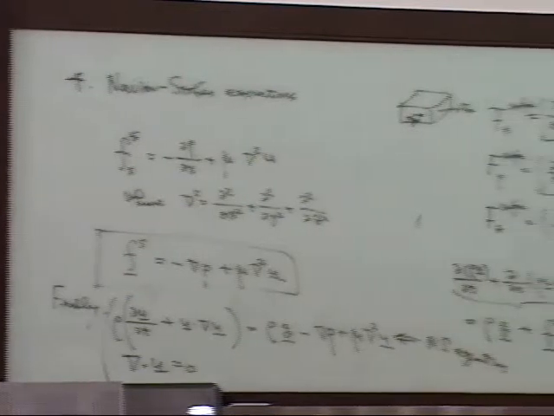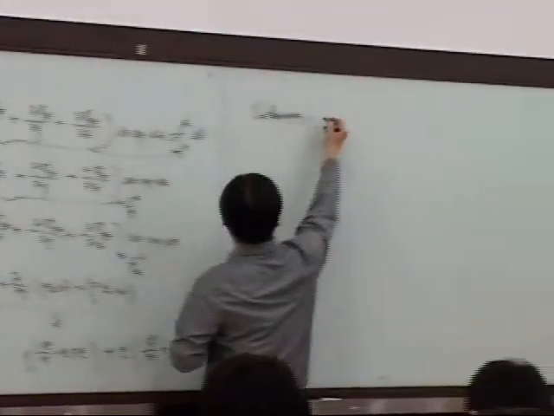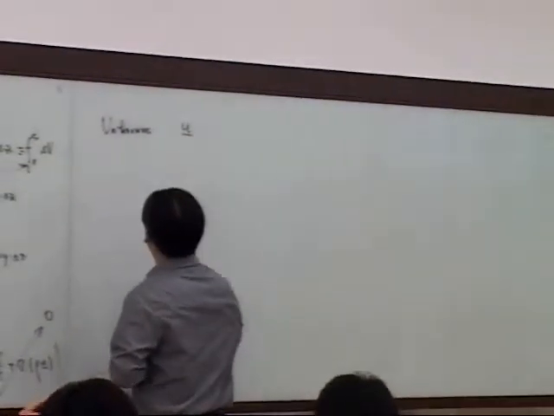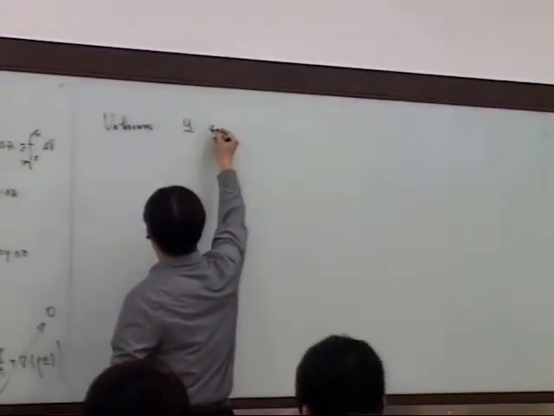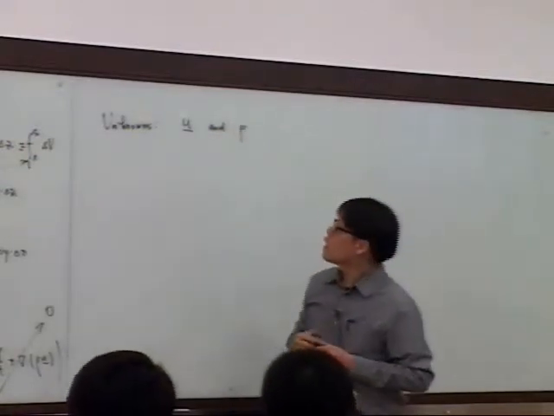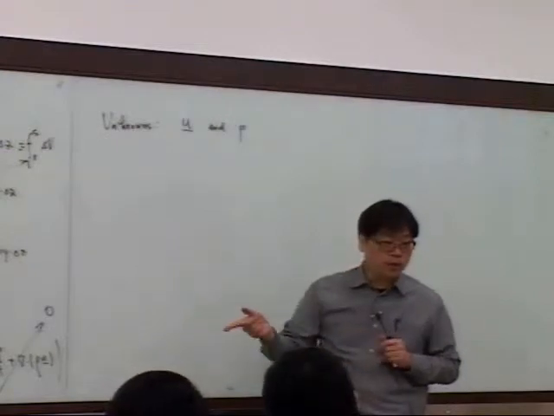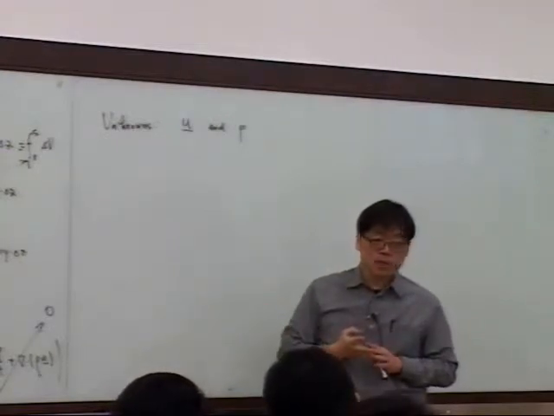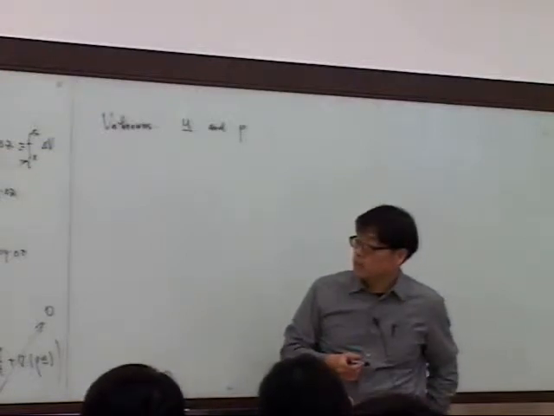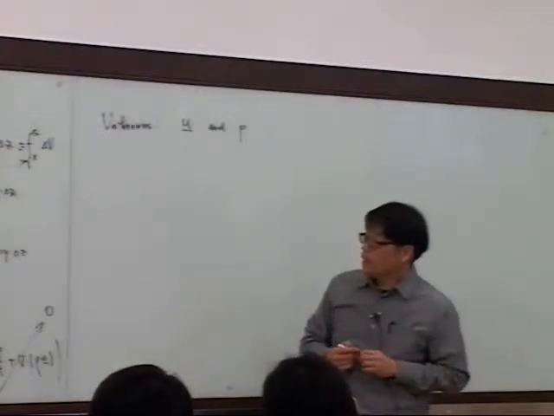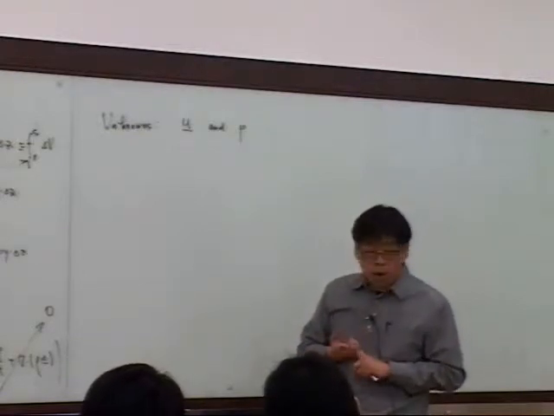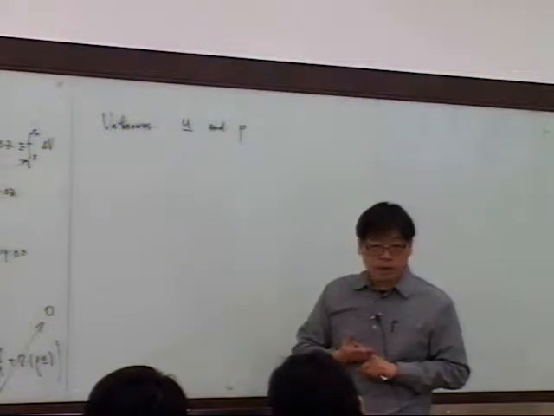So the unknowns are the velocity vector u and pressure p. And we have 4 equations for 4 unknowns. Okay? And the physical parameters are mu, rho, and g, the gravitational acceleration.